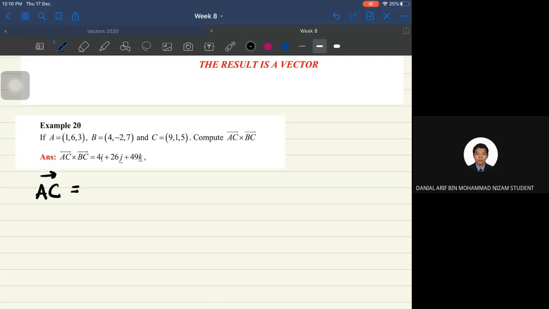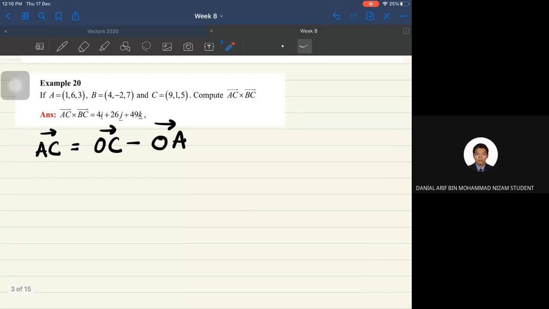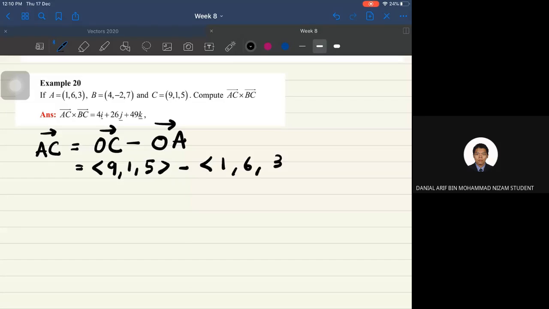So vector AC is equals to OC minus OA. So OC and OA ni adalah position vector, kan? Sebab kita nak tolak dengan origin. Betul? So what is your OC minus OA? So that you will have 9, 1, 5 tolak your OA will be 1, 6, 3.